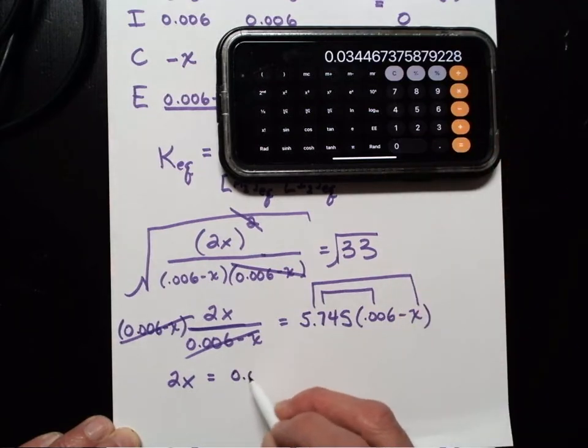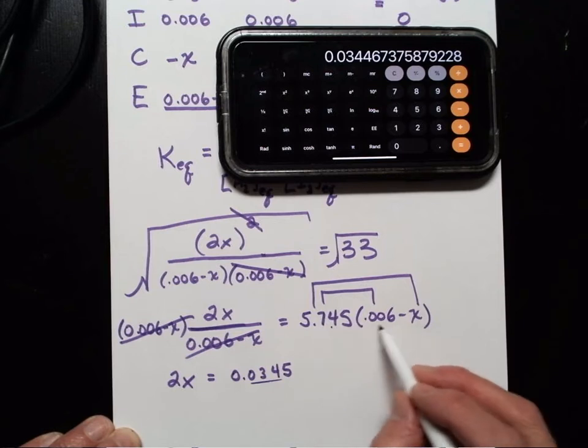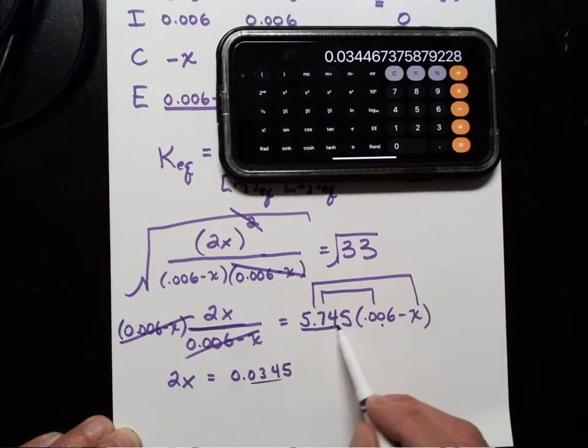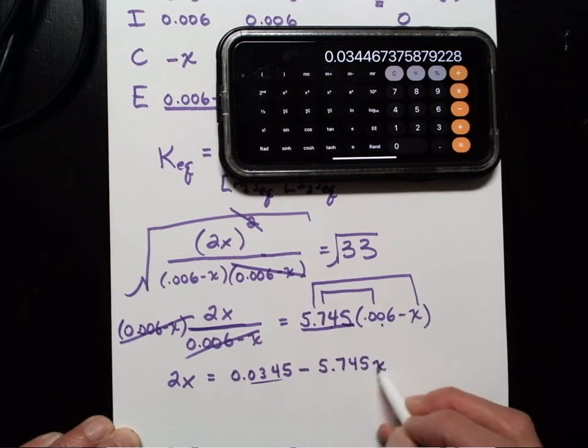That's going to be 0.0345. I'll round to 3 significant digits there. That's this times this. Now I'm going to do 5.745 times a negative X. Well, that's easy. Negative 5.745X.